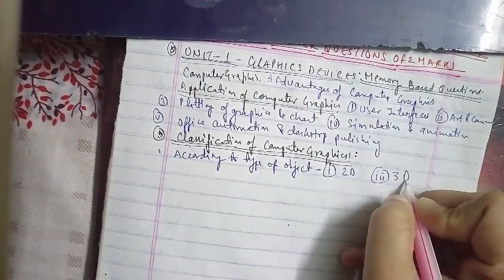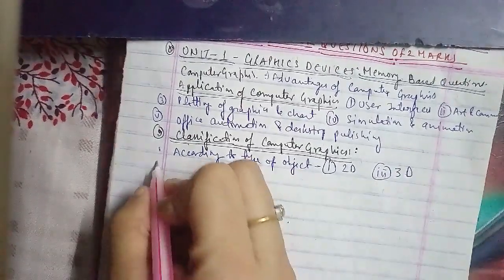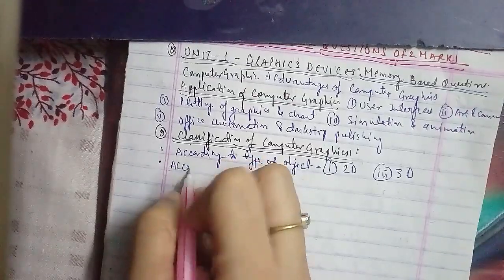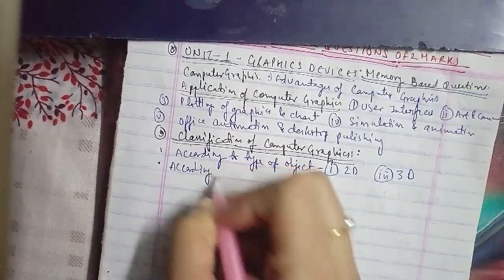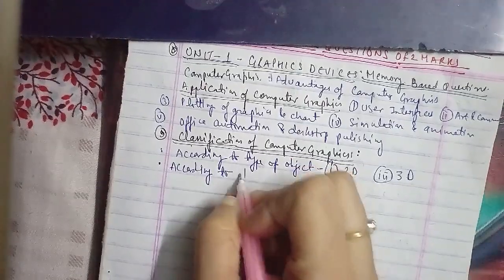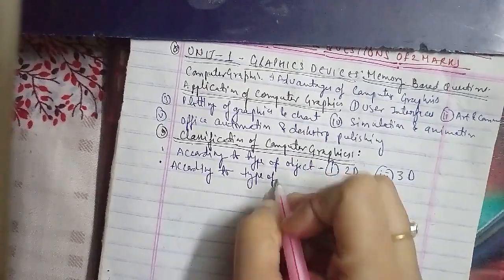According to the type of interaction, we have two: the first is controllable, and the second is uncontrollable, that is non-controllable.